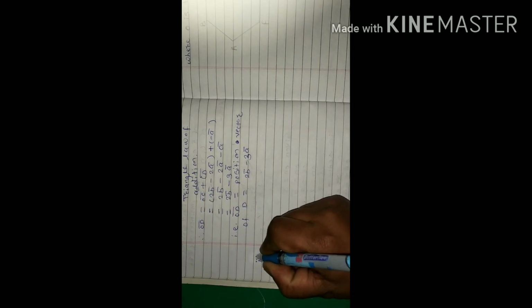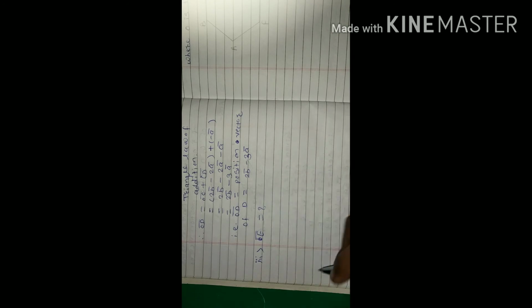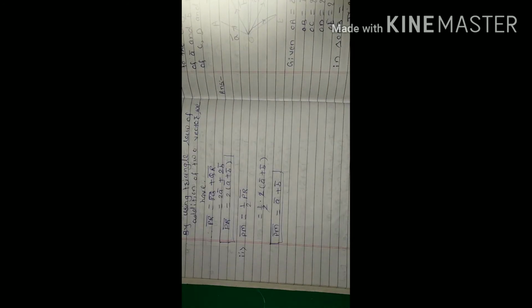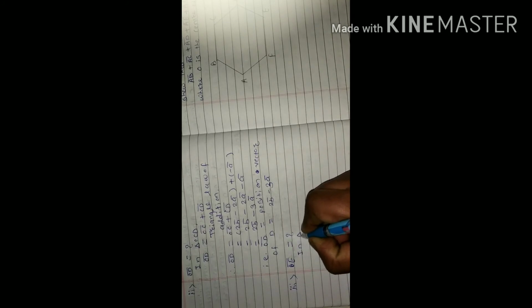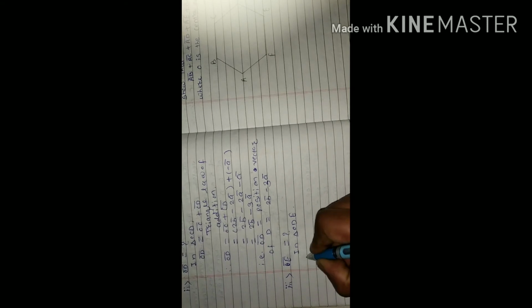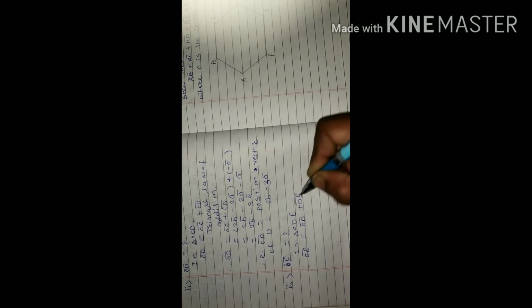And the third point is OE bar, the position vector of E. In triangle ODE, by the triangle law of addition, OE bar is equal to OD bar plus DE bar.